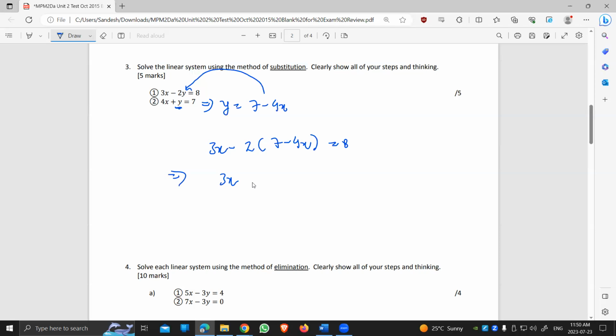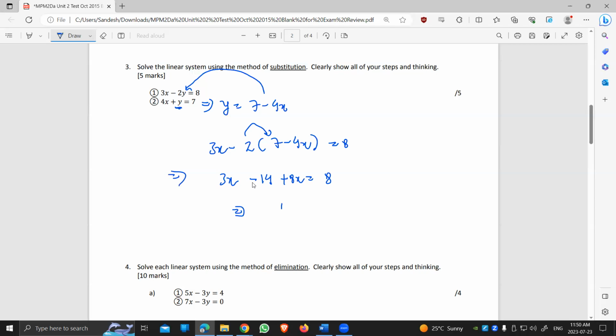You get 3x minus 14, because negative 2 times 7 is negative 14, and negative 2 times negative 4x is plus 8x, equals, what did we have? 8 on the other side.